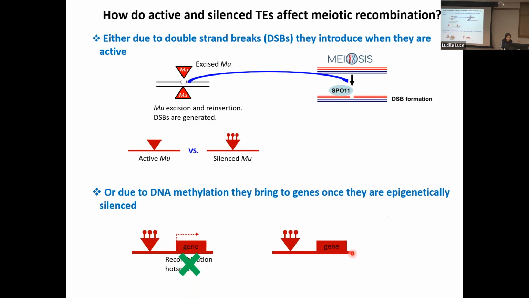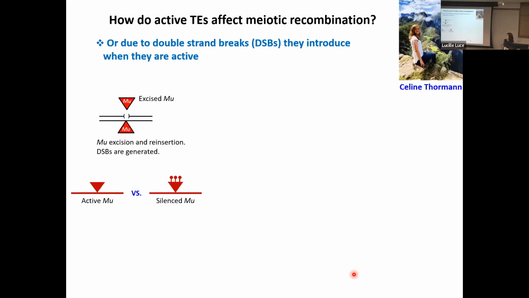So whether this becomes a cold spot or not, or you can put it another way: if you have a cold spot, and you remove this transposon or remove the methylation, can you increase crossovers or not? These are the central questions when I was a postdoc: I wanted to understand how active and silent transposons affect meiotic recombination.